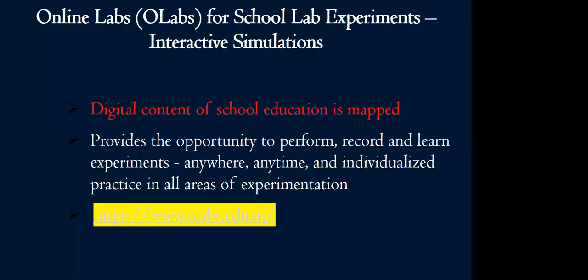This is the PhET simulations. Another place where you can find interactive simulations is OLabs. I will finish all these things first, then I'll come to the software. These are the OLabs for school lab experiments, and here the digital content of school education of India is mapped.